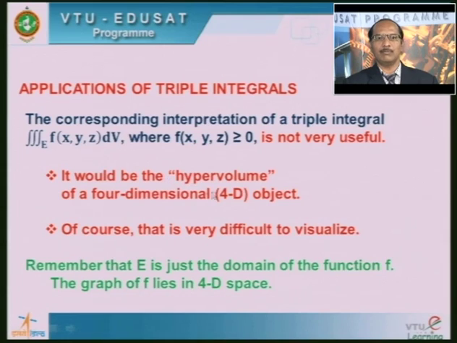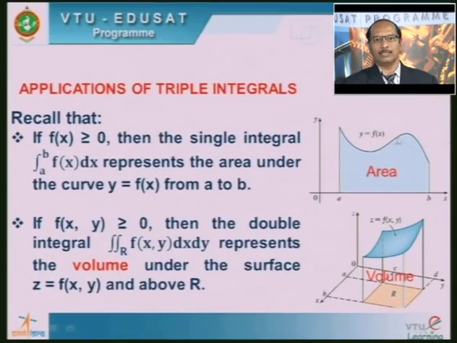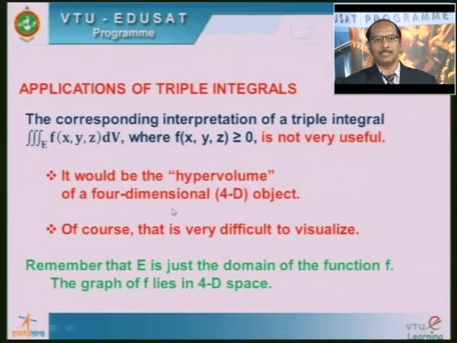It would be a 4-dimensional object. The single integral gave area, which is 2-dimensional, and the double integral gave volume, which is 3-dimensional. Similarly, the triple integral would be a hypervolume, not the volume, a 4-dimensional object. So, this integral is not so useful here.